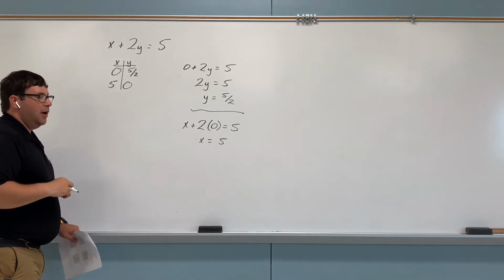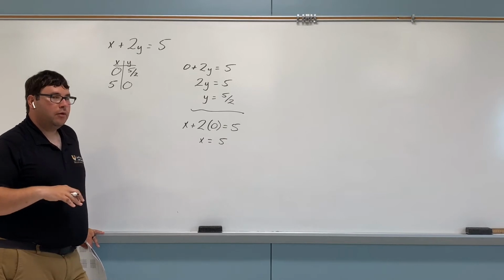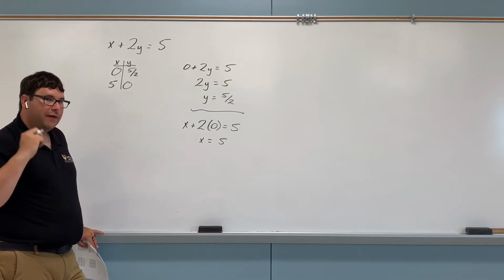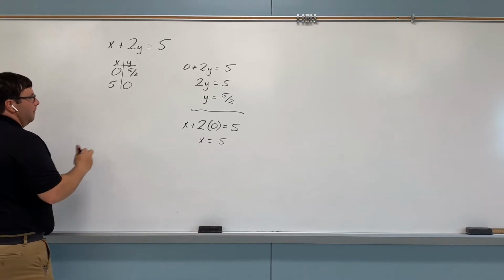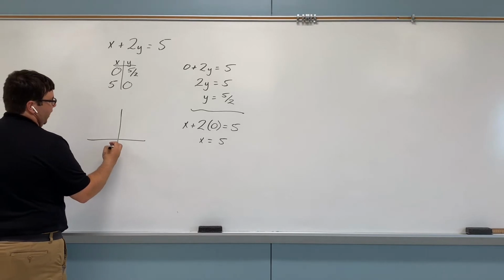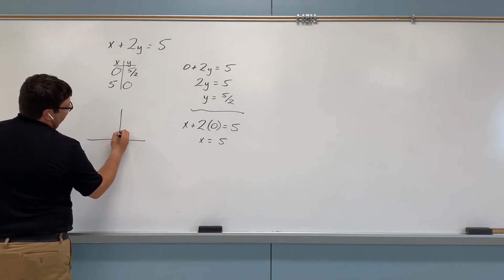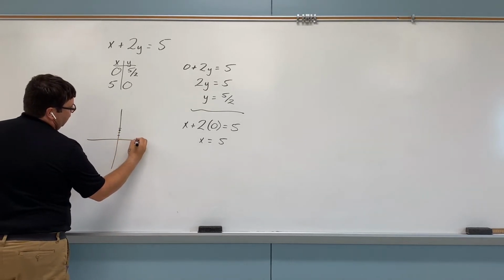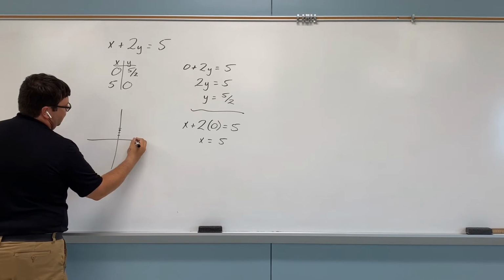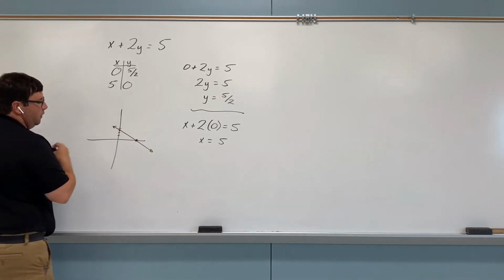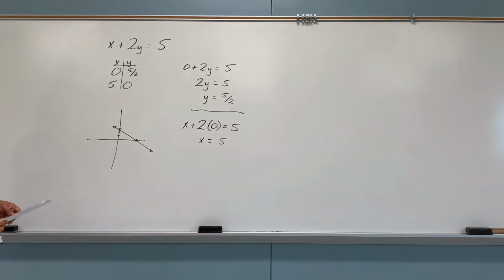But if you're typing it into a computer, again, click on the point, edit the coordinate, you can type in 5 halves and leave it at that. Graphing wise, I have (0, 5 halves), which puts me right smack between 2 and 3, and (5, 0), which puts me right here. And there is my plot.